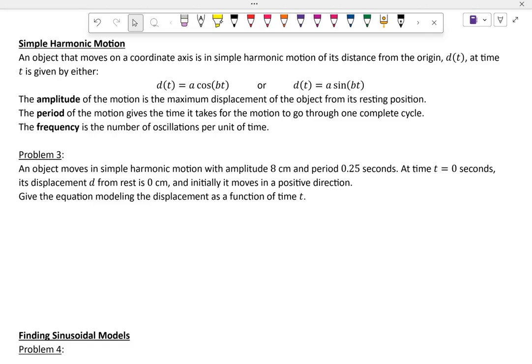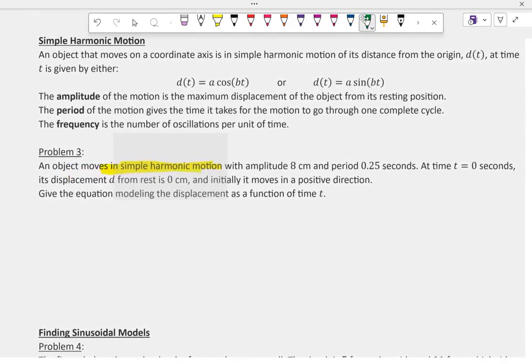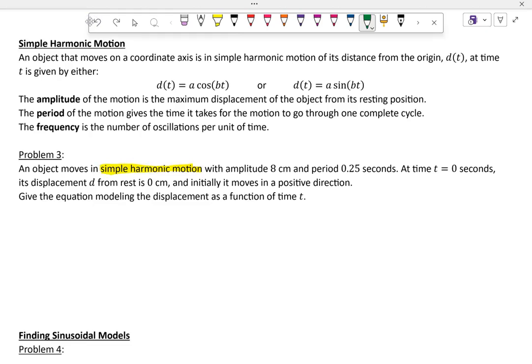So just A and B. So if you ever see these words, an object moves in simple harmonic motion, all you need to find is your A and B. So they want us to write an equation. That is either going to be A cosine BT or A sine BT. But all we need to do is find our A and our B.